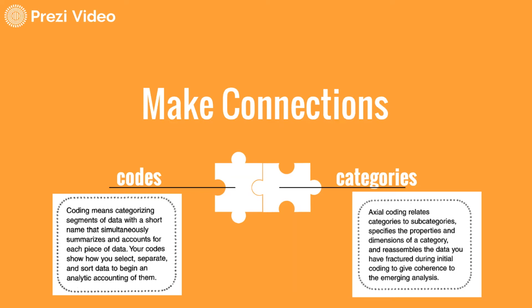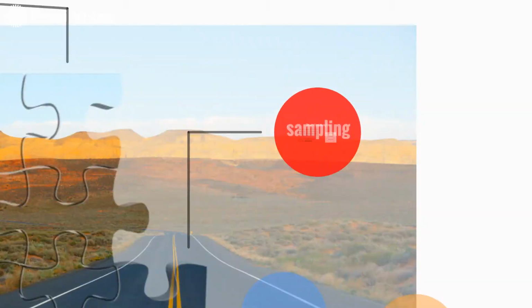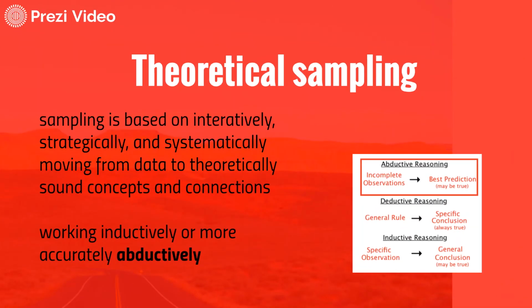We begin to develop bigger units of meaning, categories, and moving on to conceptual understandings. And sampling, again, is what gives us the confidence that the data that we have is sufficient and robust in order to be able to develop a theory that is a good explanation or understanding of the phenomenon that we're studying.